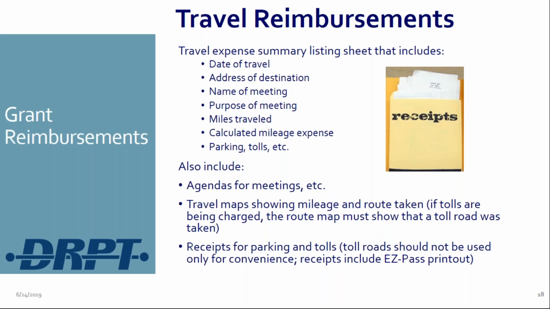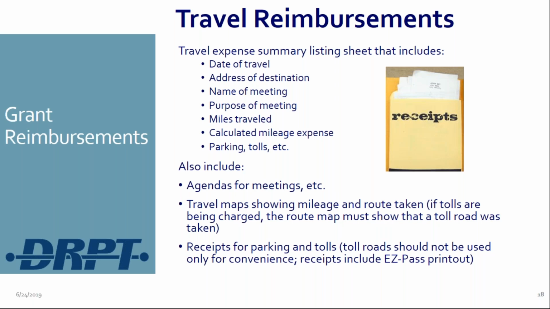But we need the date of travel, the address of the destination, the name and purpose of the meeting or conference or training if you're going to meetings, the miles traveled if you're charging for mileage, and how you calculate the miles expense. We want to make sure you're using the right IRS rate. Again, receipts for parking and tolls.